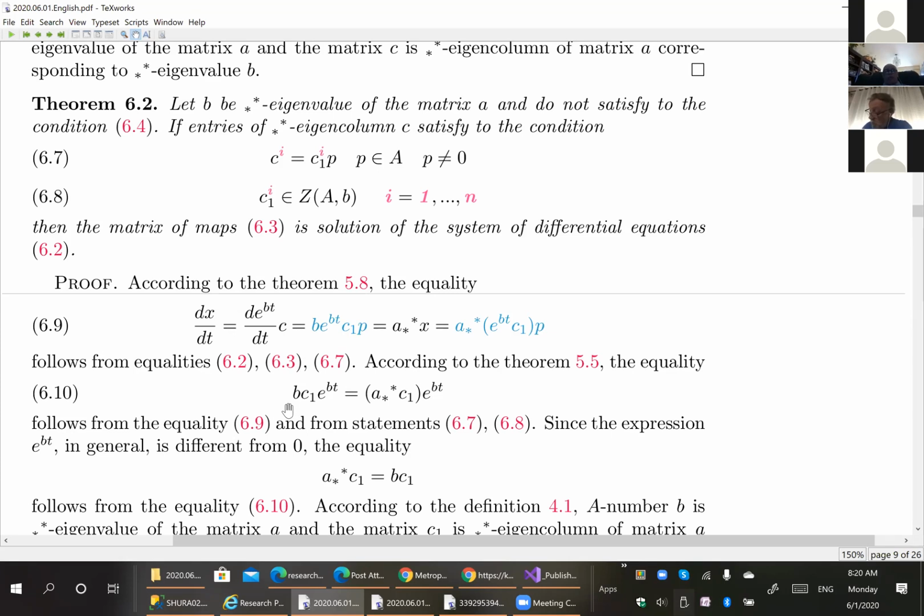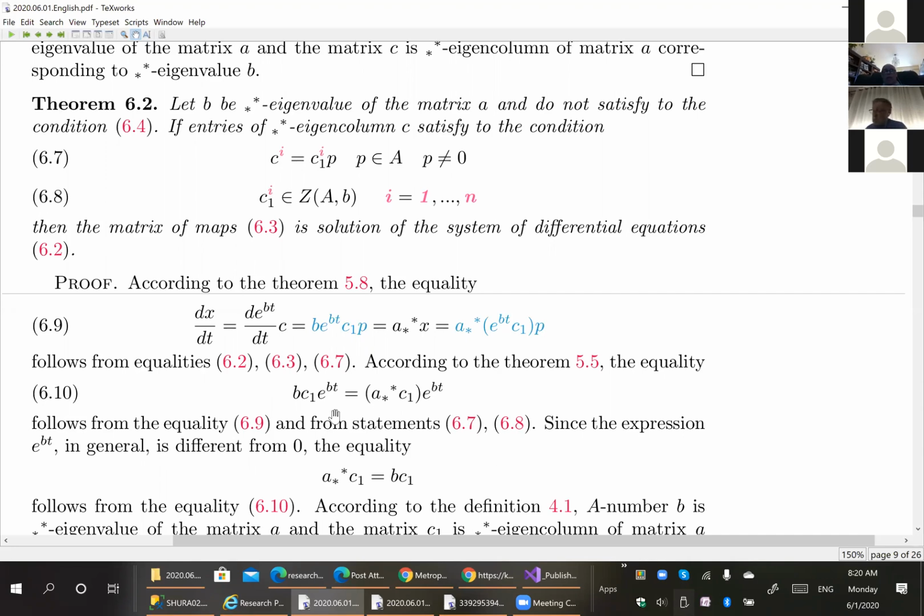We see that the expression B, if exponents, because C1 commutes with B, we can change the order of C1 and B. So the exponent here appears on the right side.